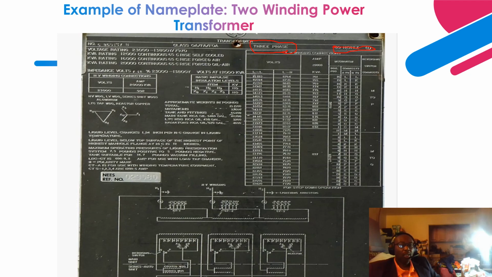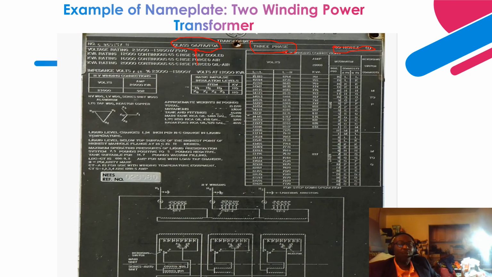So this transformer has three ratings. As you can see over here, the OA rating, that is the open air. It means it's a self-cooled transformer, right? Air is flowing naturally over the radiator. There are no fans, right? That's this rating over here.